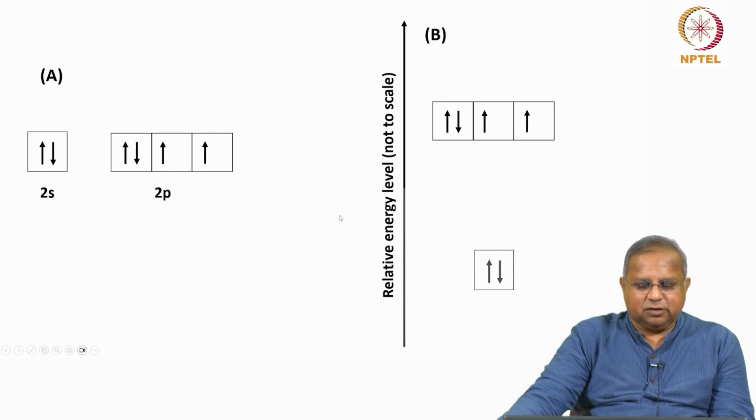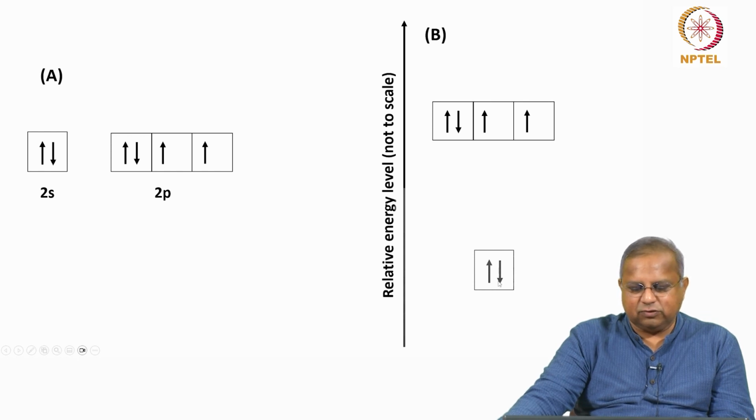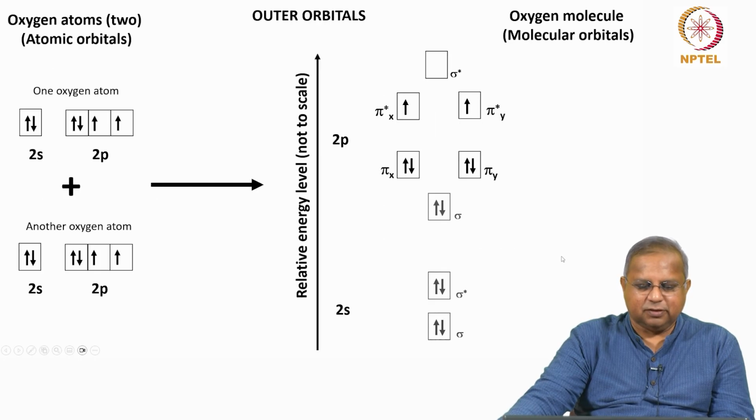So, the relative energy level, this is not to scale, of course, is this. You know this, that the 2s2 is much lower than the 2p orbitals. So, that goes like that. And if you put multiple atomic orbitals together, you will get a molecular orbital, right.